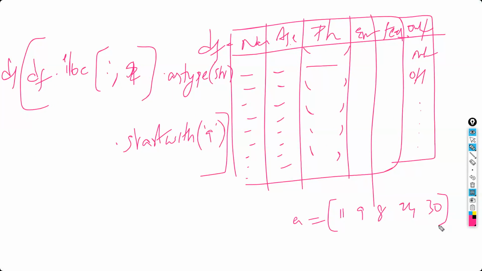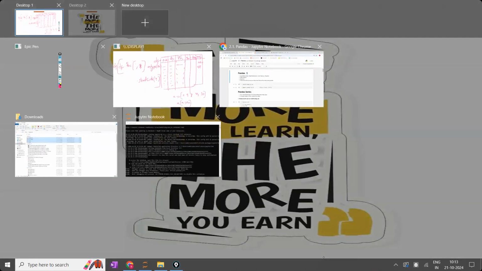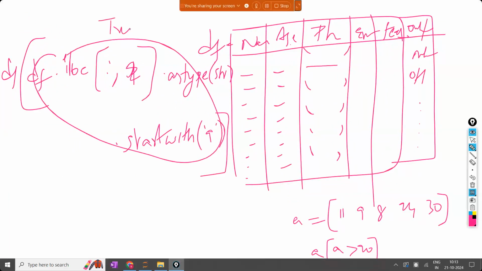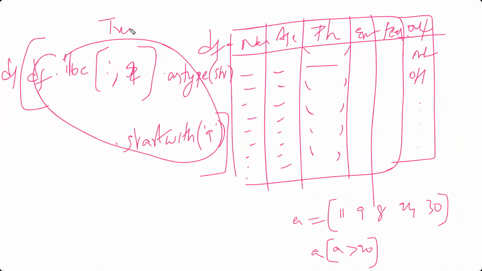A greater than 20 means true or false you are going to get. But I want values. To get the values, what do I have to do? Outside you have to write A. Do you remember this one? In the 1D array, same logic I applied here. First I have written the condition. This will give either true or false. Outside I have written the variable name. It will give whichever records satisfied the true. Same logic.